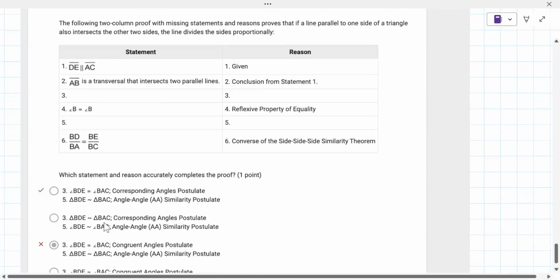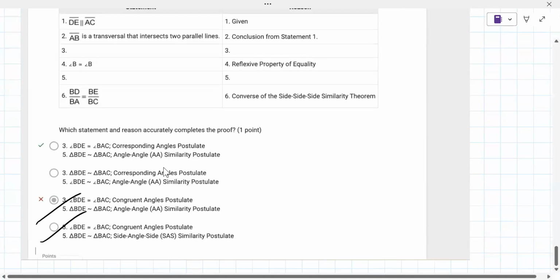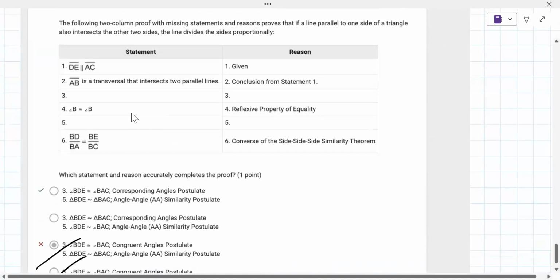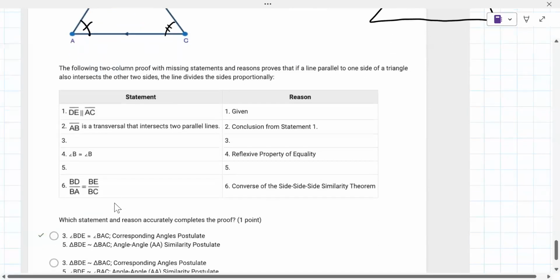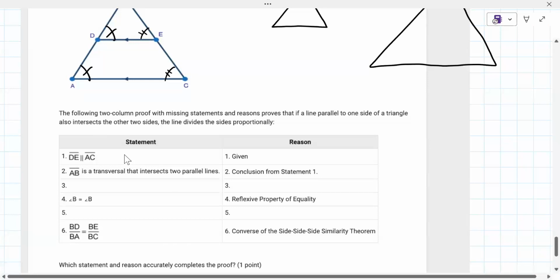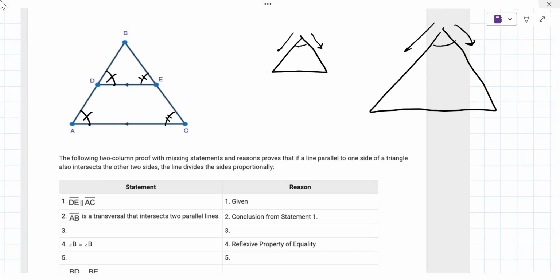So that gets you down to the first two, because the first two are corresponding.